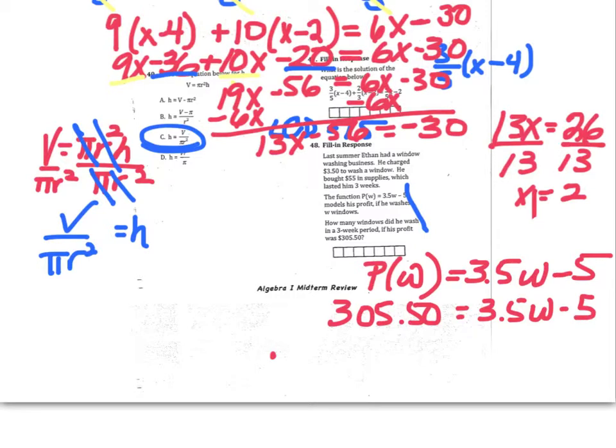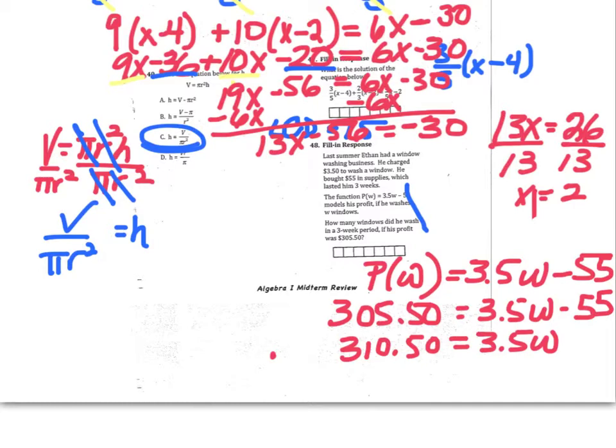Add 5 to both sides. That gives 310.50. And then divide both sides by 3.5. Let me back up. This was 55. My mistake. So let me try to erase.